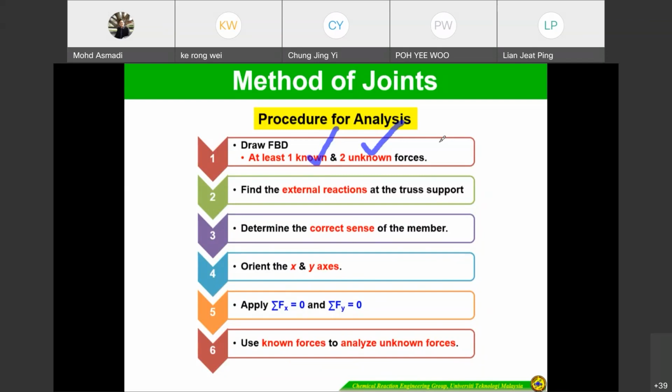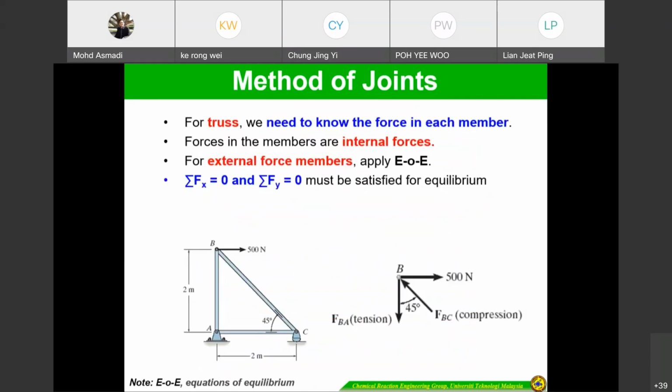We call this the equations of equilibrium, EOE. Use known forces to analyze unknown forces. Make sure the unknown forces are not too many, otherwise you cannot solve your problems. So, method of joints.